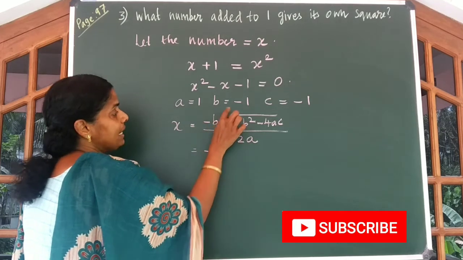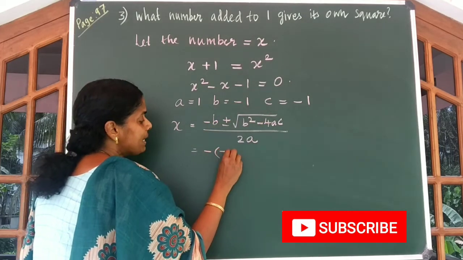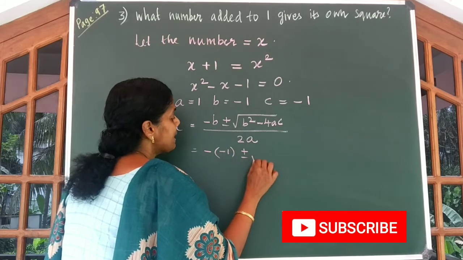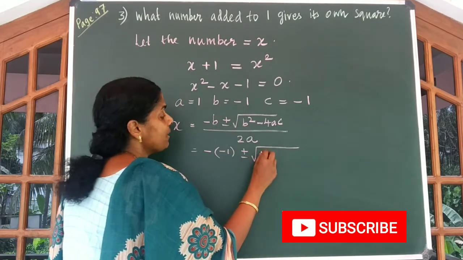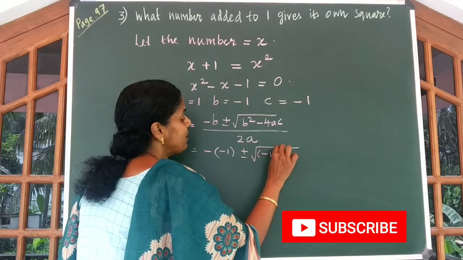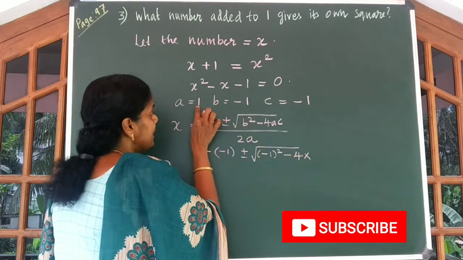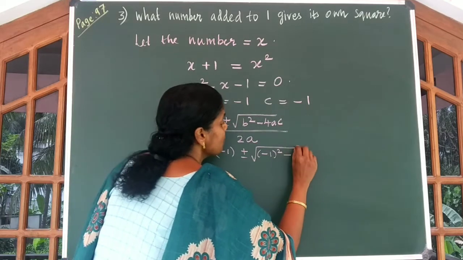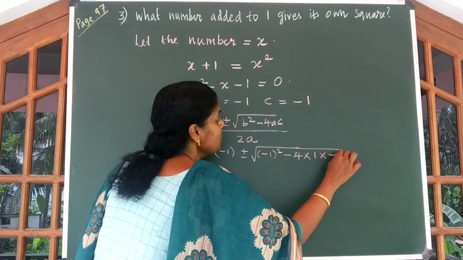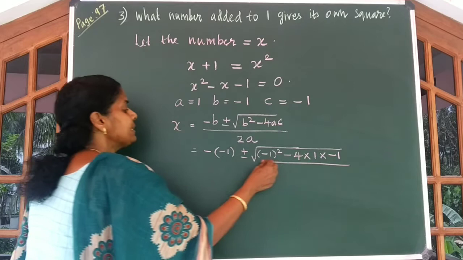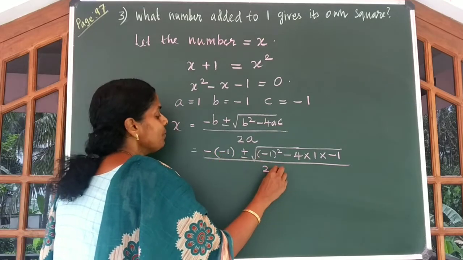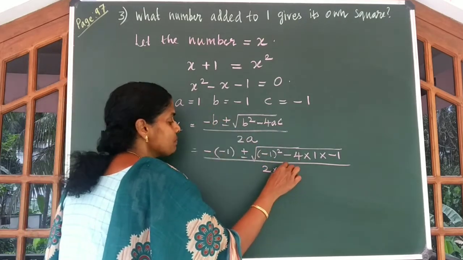Minus B value. B value is minus 1, plus or minus root of B square. We get minus 1 the whole square minus 4 into A into C. So you get 1 into minus 1, whole thing divided by 2 into A value, which is 1.